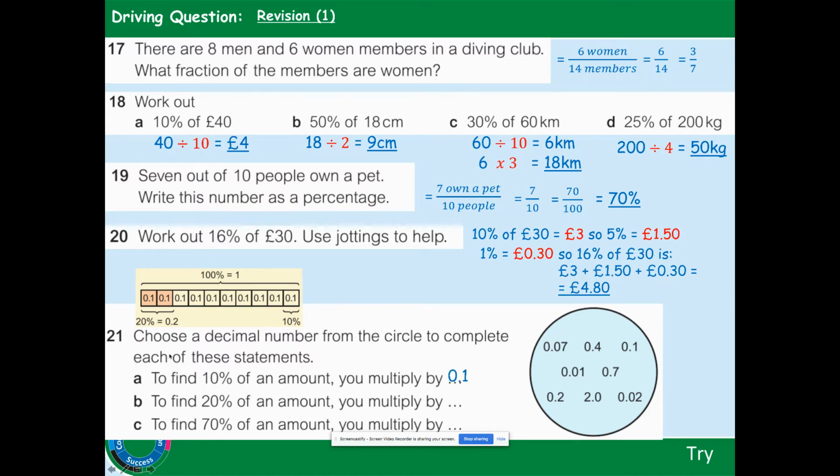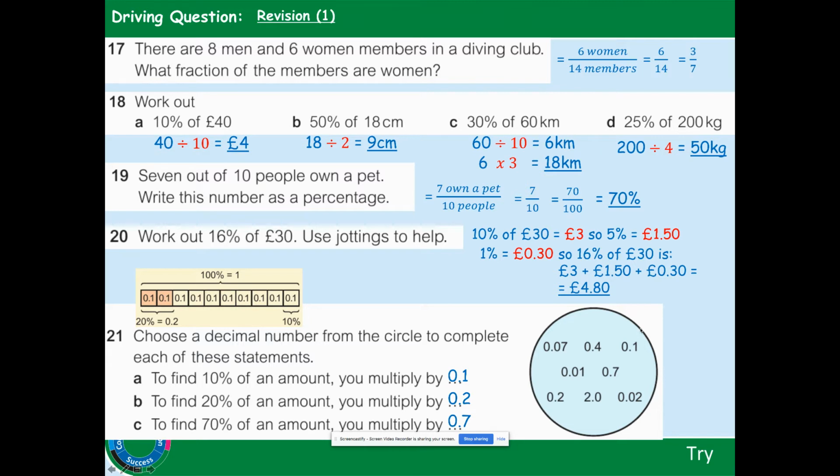So to find 20%, you multiply by 0.2. To find 70%, you would multiply by 0.7. Okay? They should all be in here. Yeah. 0.1, 0.2, 0.7.